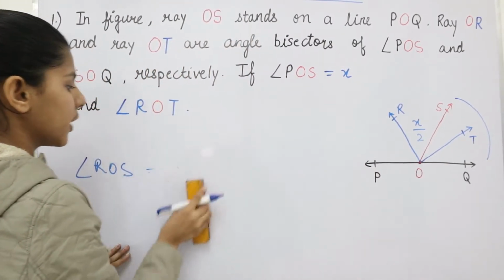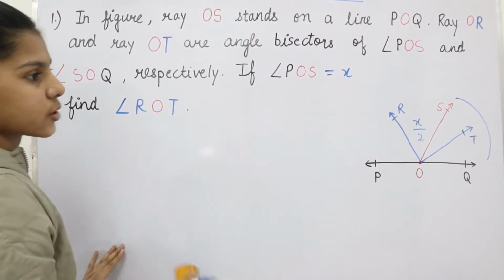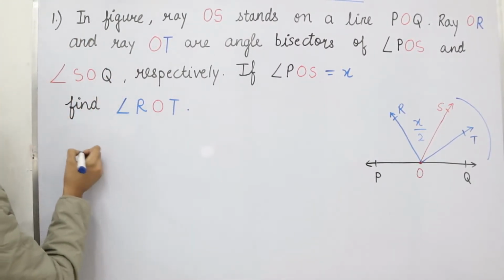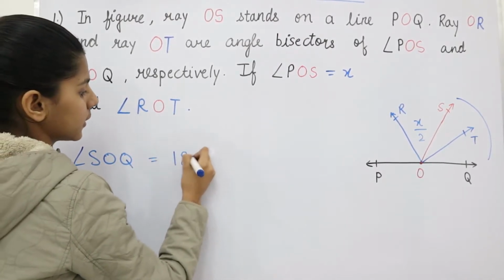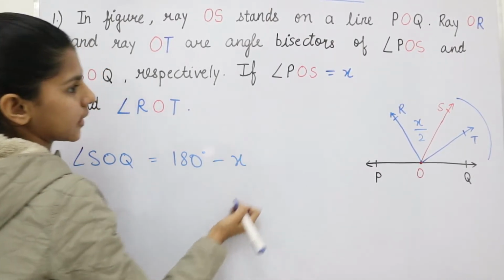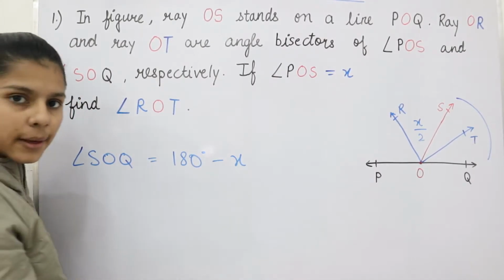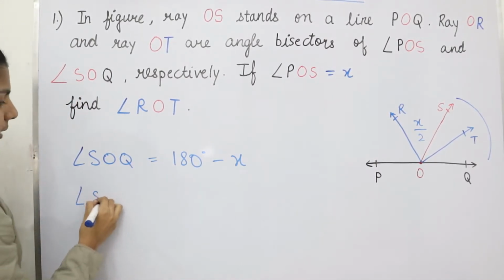So now we will calculate the value of angle SOT. The value of SOQ is 180 degrees minus X, so we will divide it by 2.